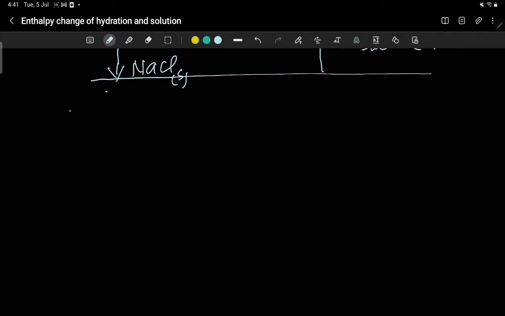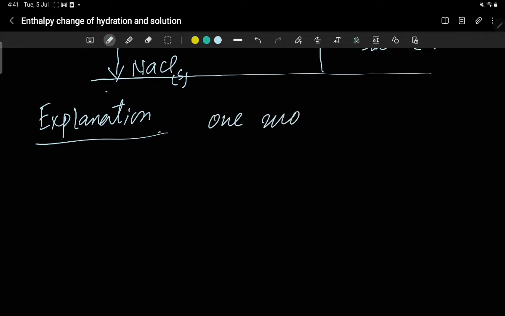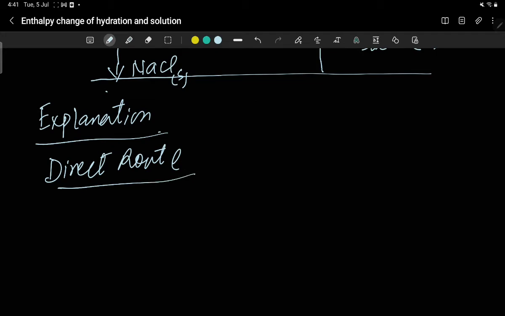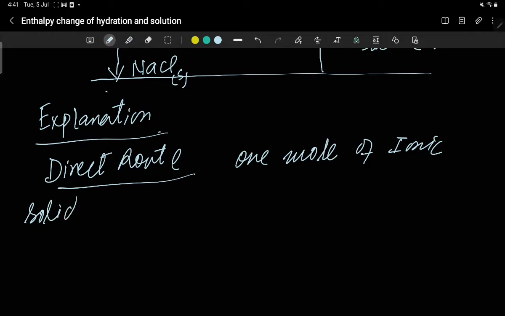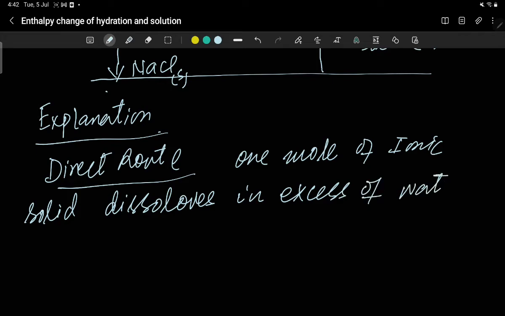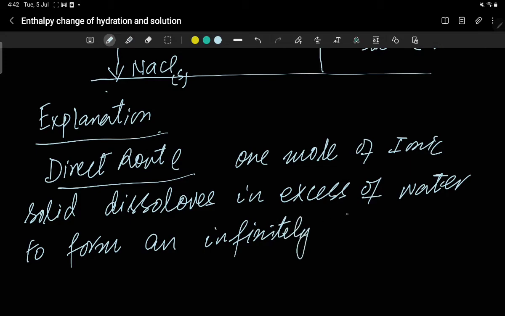I will be writing this explanation of the route. It consists of two routes: the direct route. In the direct route, 1 mole of ionic solid dissolves in excess of water to form an infinitely dilute solution.